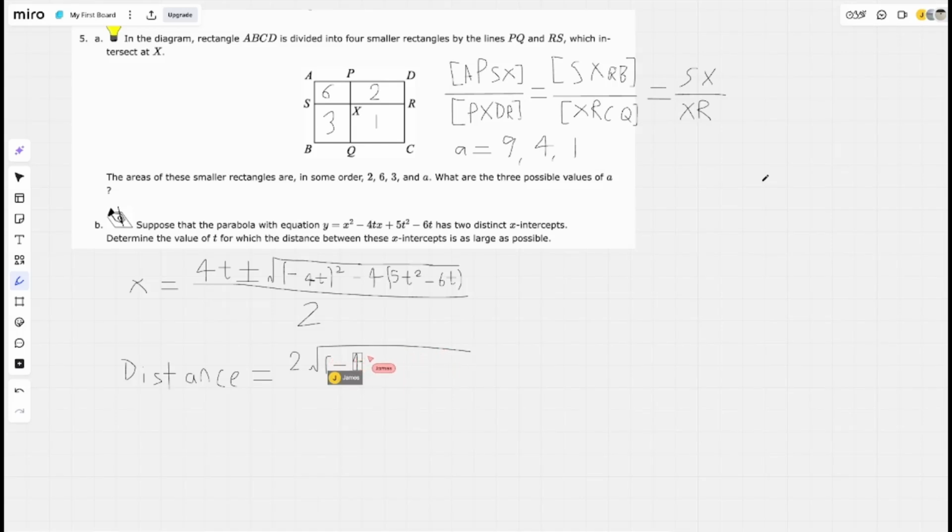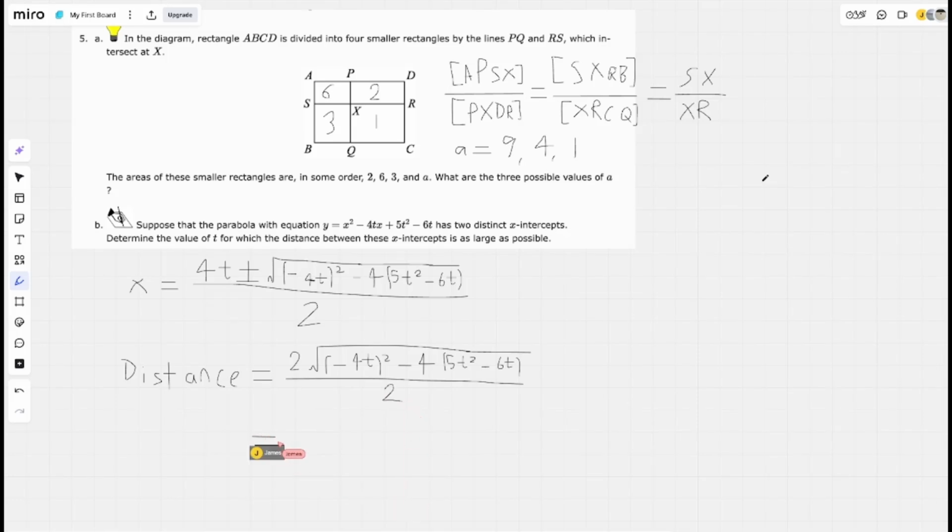of negative 4t squared minus 4 times 5t squared minus 6t. So, of course, we still have to divide by 2 because that's still the denominator.